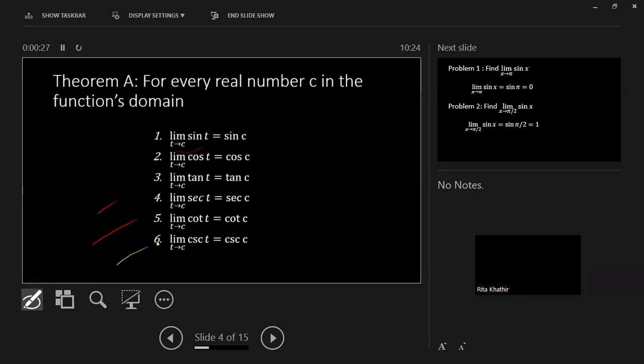Okay, so we can repeat from the first rule in theorem A. The limit of t approaches c of sine of t equals sine of c. So, for example, I make a question for you: limit t approaches 60 degrees of sine t equals what? Sine 60.